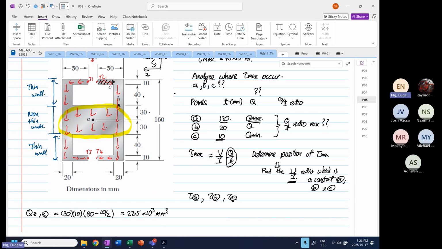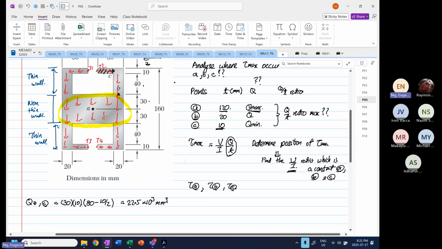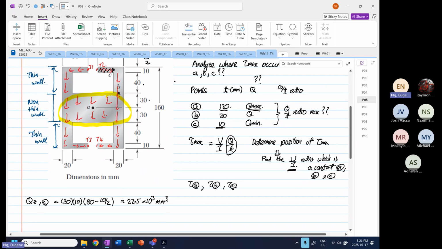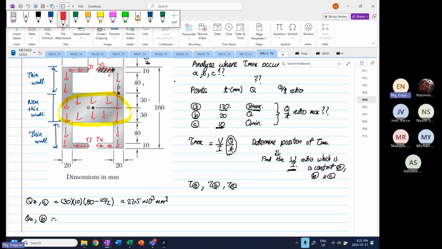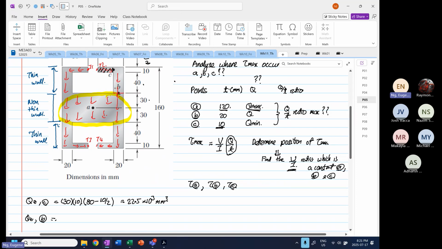So it's 22.5. Then the next one, we are going to find QZ for point B. For QZ at point B, we have to include this area over here.